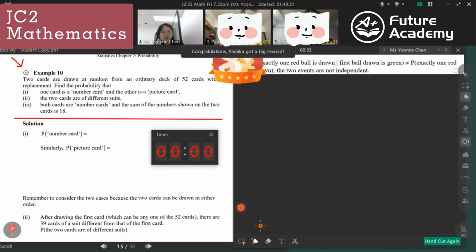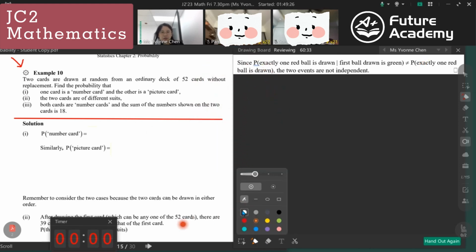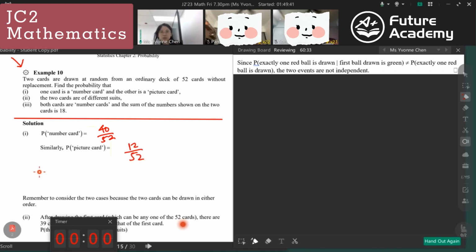For the first part, let's discuss. The probability of having a number card is 40 out of 52. The probability of having a picture card is 12 out of 52. So the probability is number card plus picture card, or picture card plus number card. There are two possible cases.